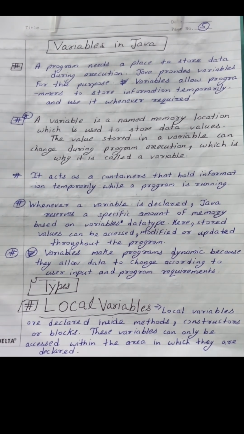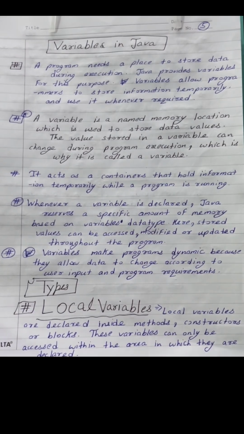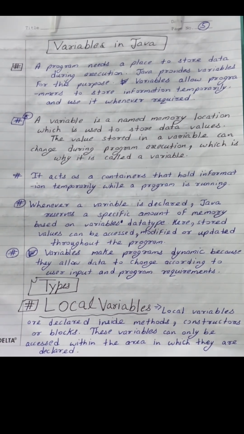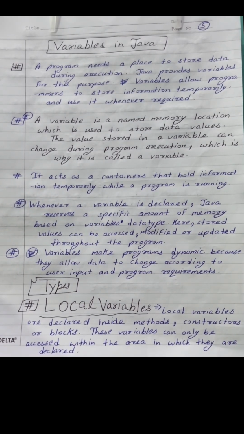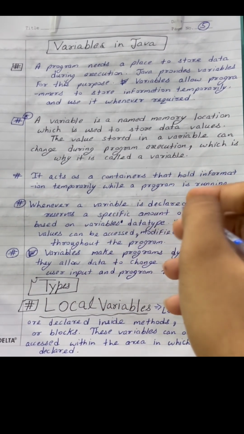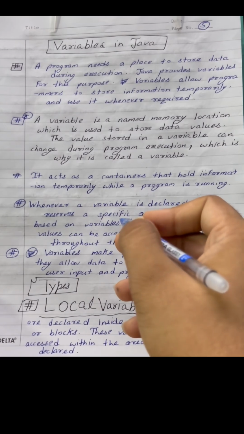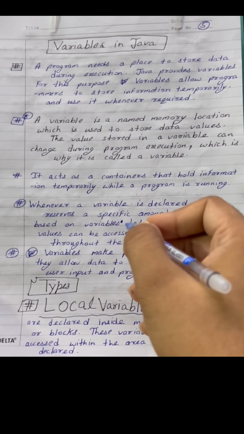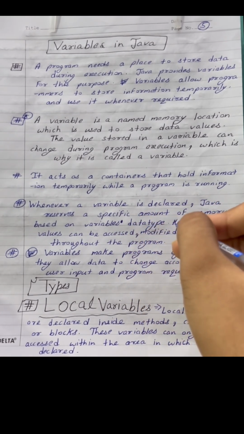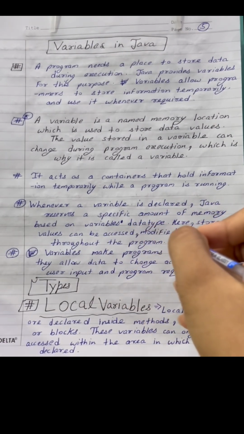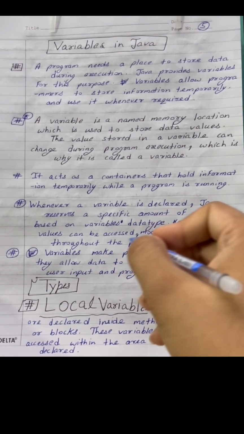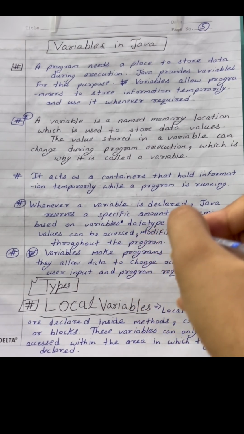And we can say that a variable acts as a container that holds the information temporarily while the program is running. Whenever a variable is declared, Java reserves some amount of memory based on the variable's data type, and the stored values can be accessed, modified, or updated throughout the program.